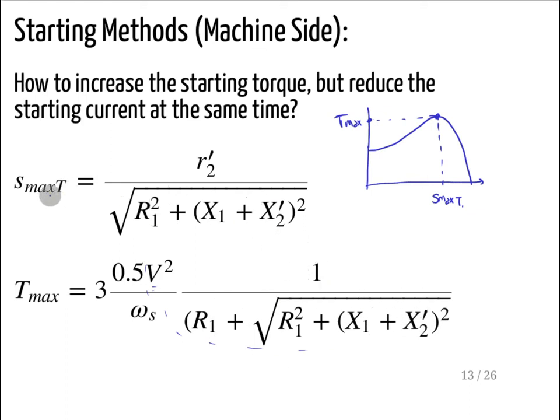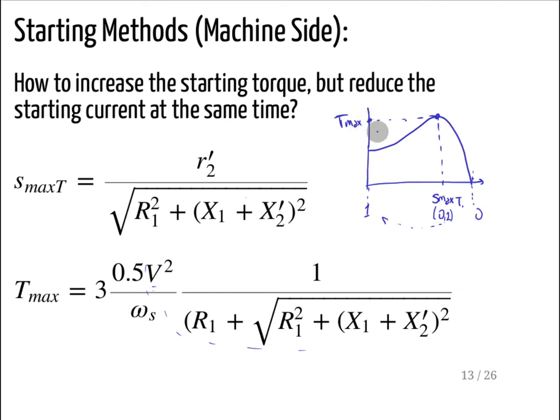Then if you look at the maximum torque point, for slip, let's say this is 0, let's say this is 1, and for our case, let's say the maximum torque point is around 0.2. If I would like to move it to 1, I want to somehow modify that circuit, so that I have higher starting torque.